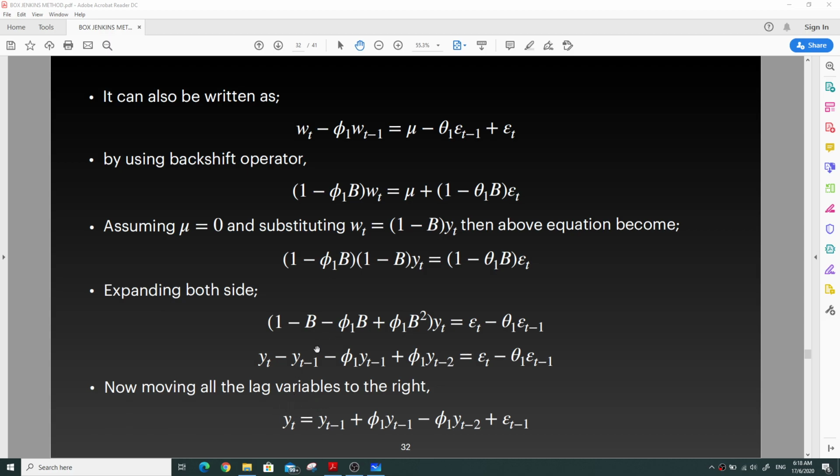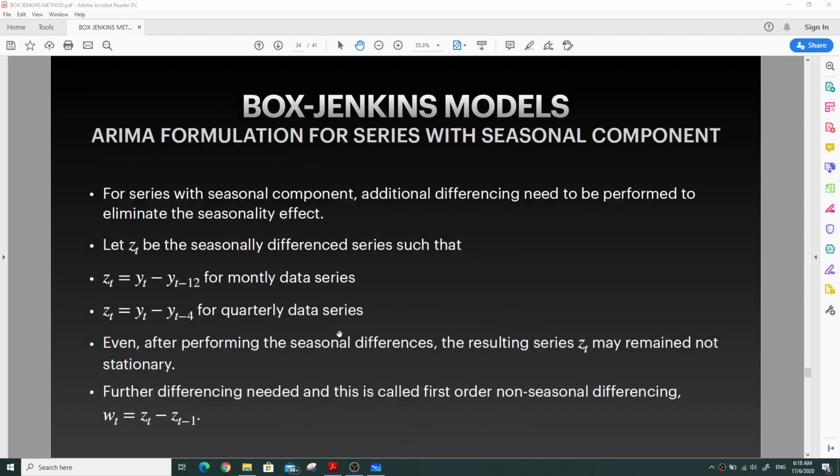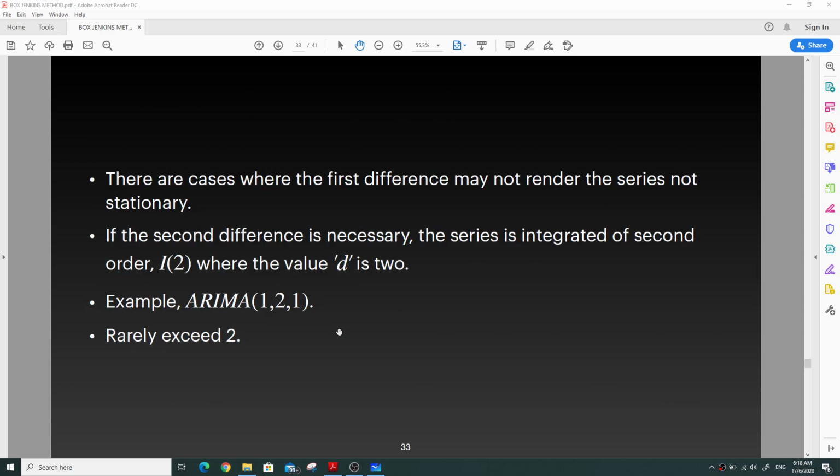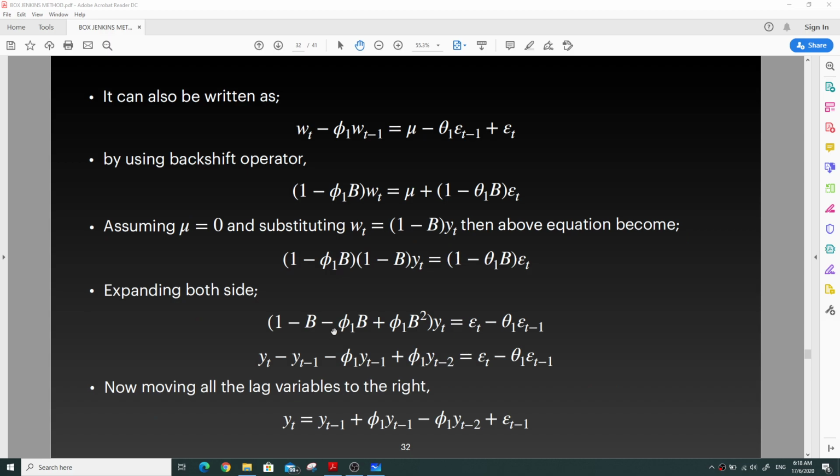So you can read this particular step on how we write this yt, and wt.